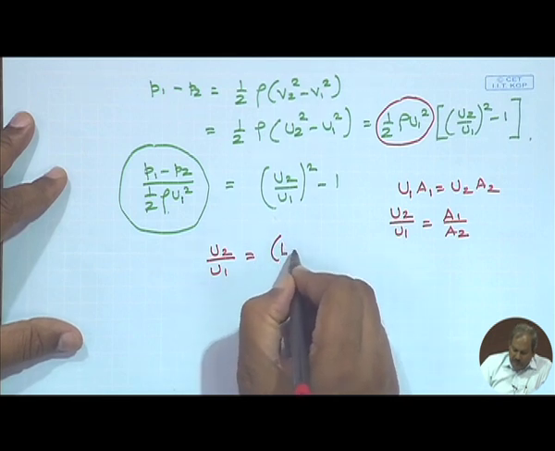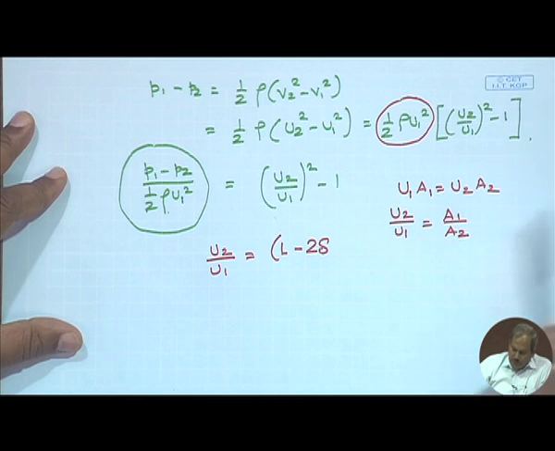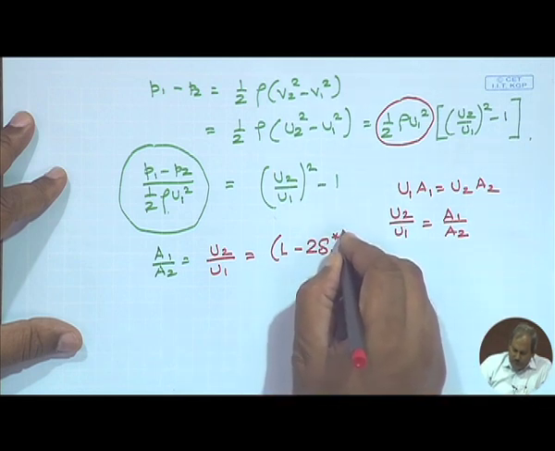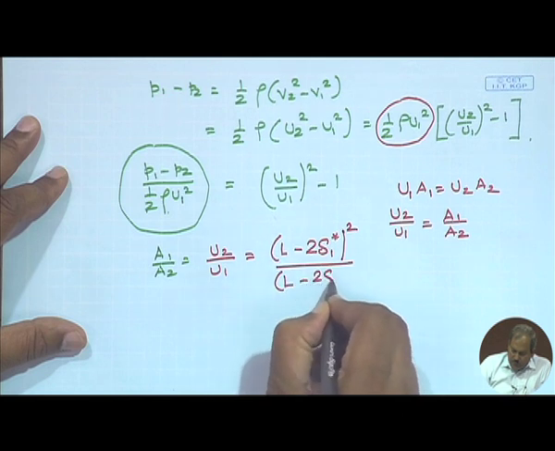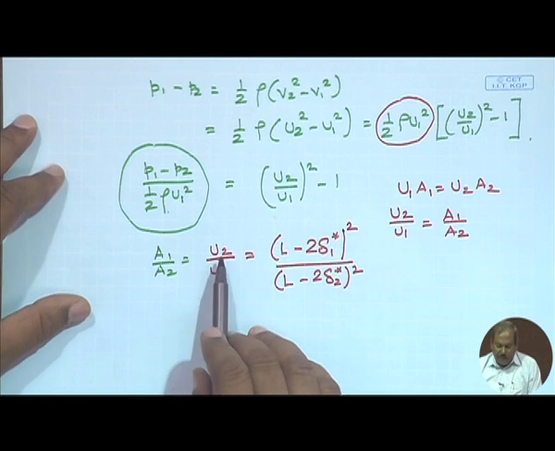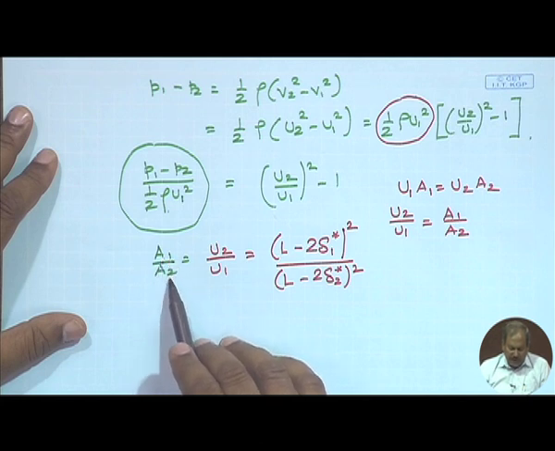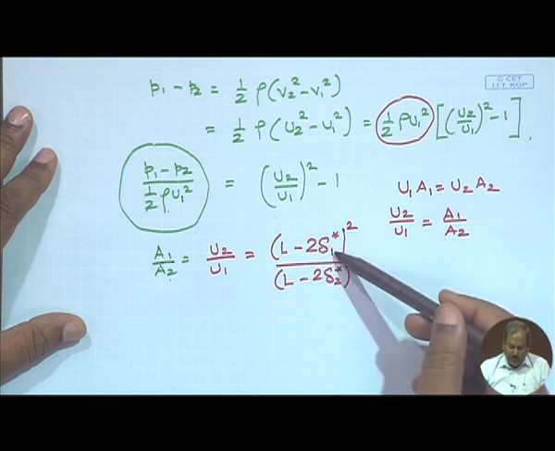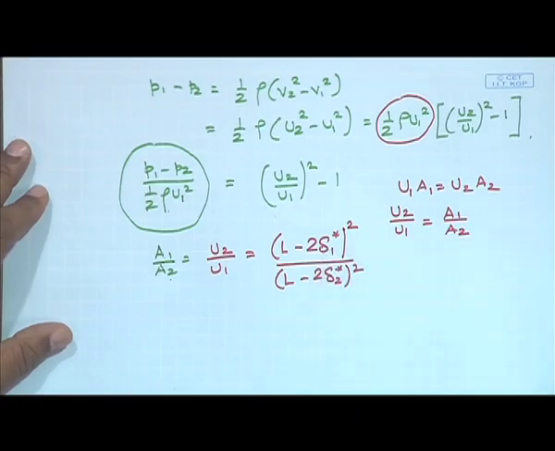this A1, it is simply going to be L minus 2 delta, sorry, as I mentioned before, the area, the flow area available for inviscid flow at station 1 and at station 2 through the use of the concept of displacement thickness would simply be reduced by L minus 2 delta 1 star and L minus 2 delta 2 star, because everything is reduced by delta 1 star or delta 2 star from all four sides.